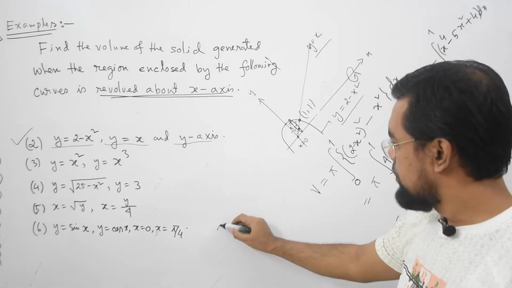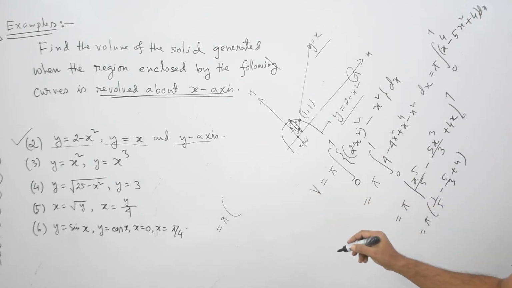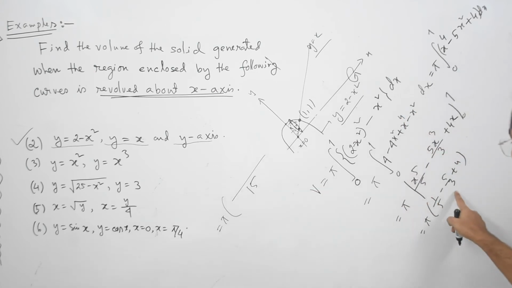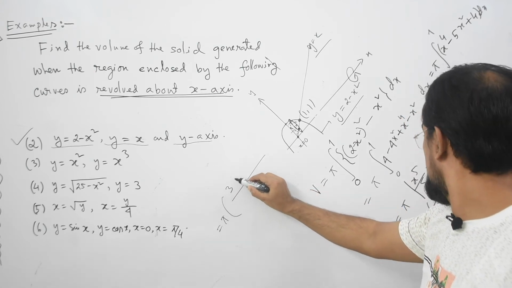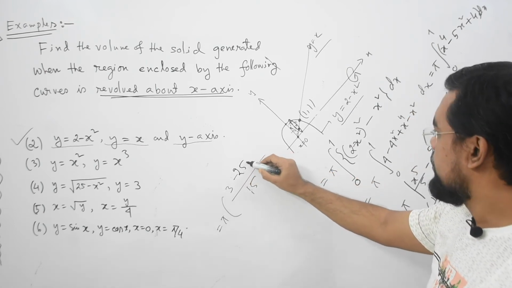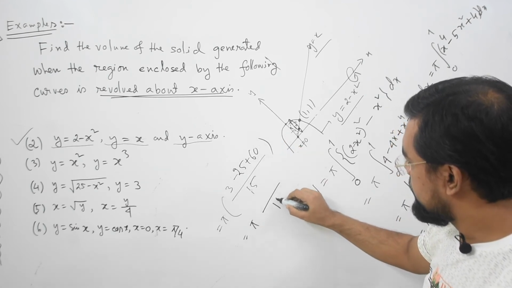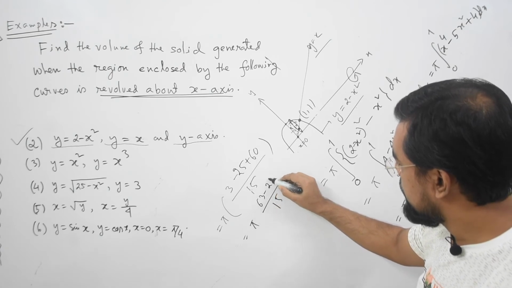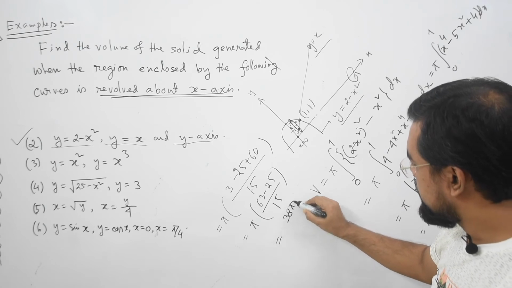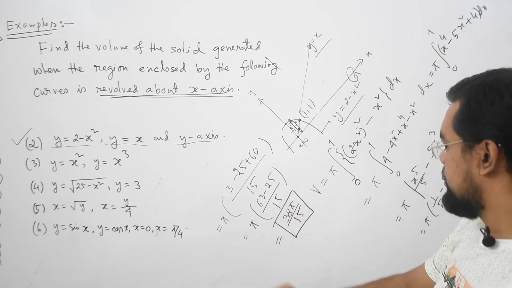So let me write it here: pi into LCM 15, so 3 minus 25 plus 60, and this equals pi times 63 minus 25 over 15, which equals 38 pi by 15. So this is the answer.